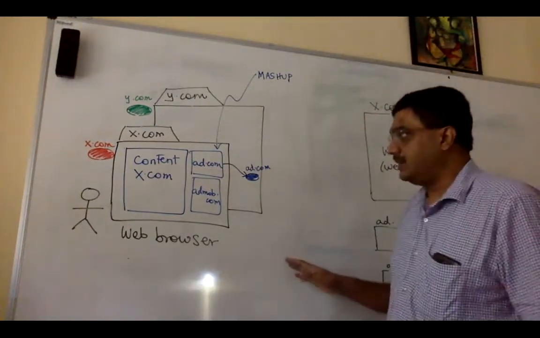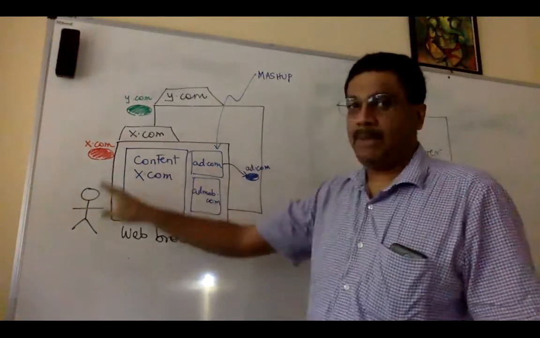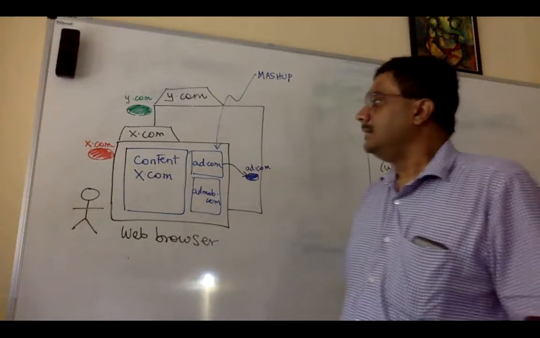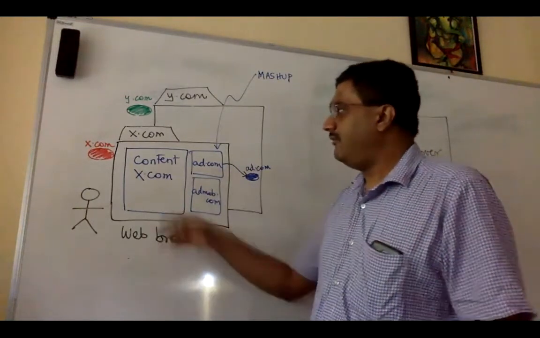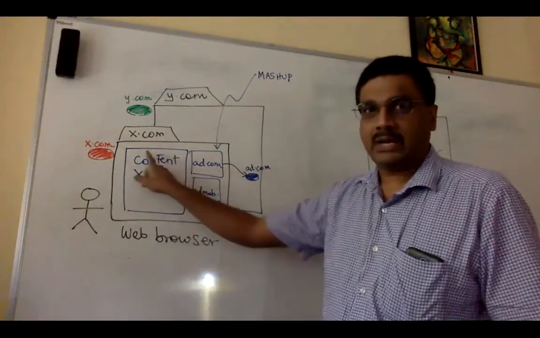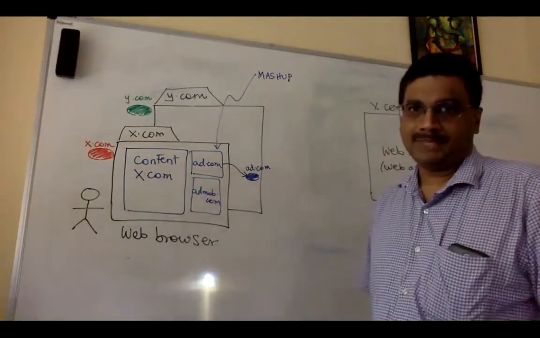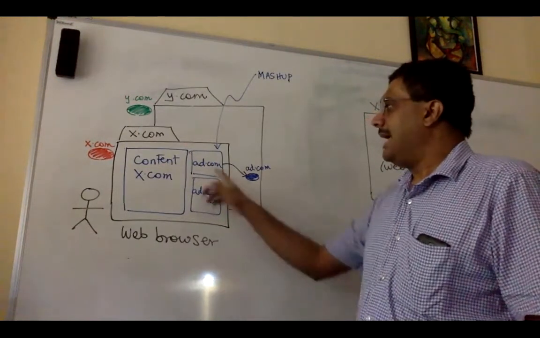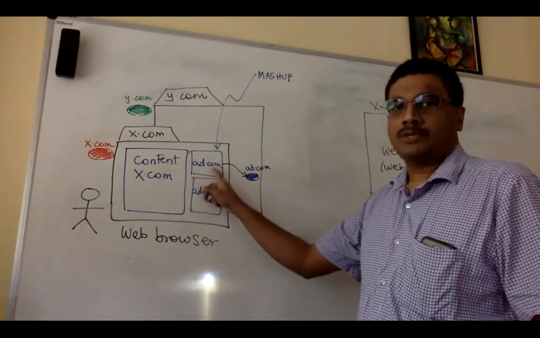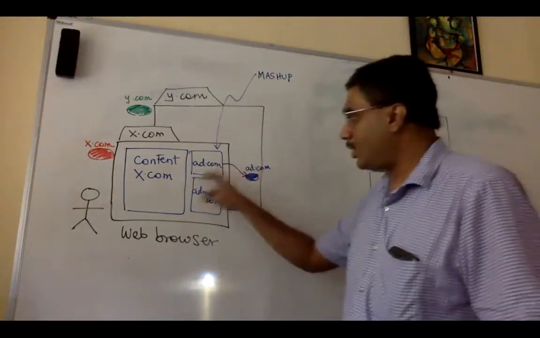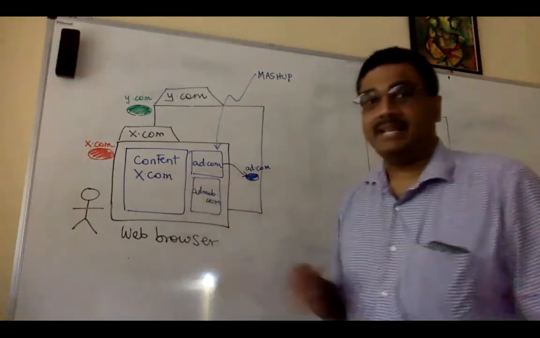Now it's important, when you have a web page like this that contains mashup content, that the web browser only fetch x.com's cookie when this content over here requests that cookie, and that it only give ad.com's cookie when this code over here requests ad.com. Remember, all of these things that you see over here are actively code.